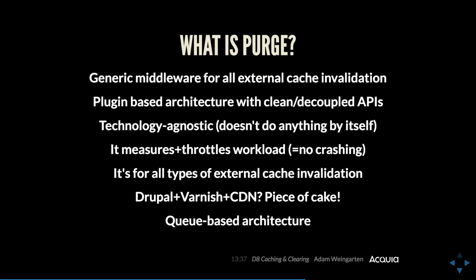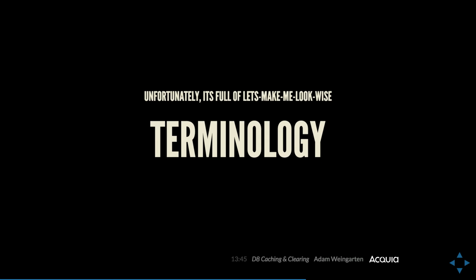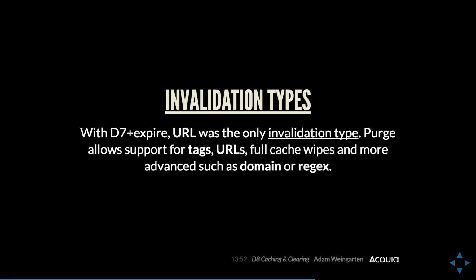It also has a queue-based architecture. So things that need to be purged are going to be enqueued, and then they're going to be worked and popped off. It's full of lots of annoying and pretentious terms, so I'm going to go through a couple of them. With D7 and Expire, URL was the only invalidation type.